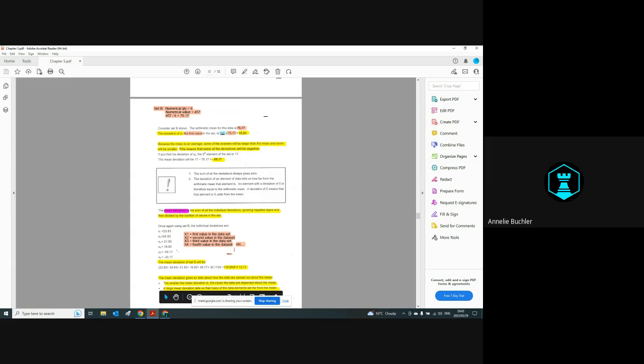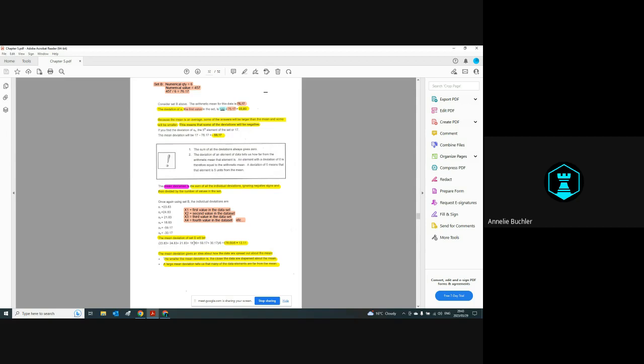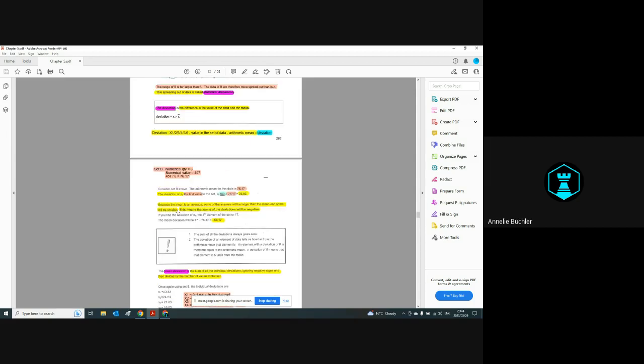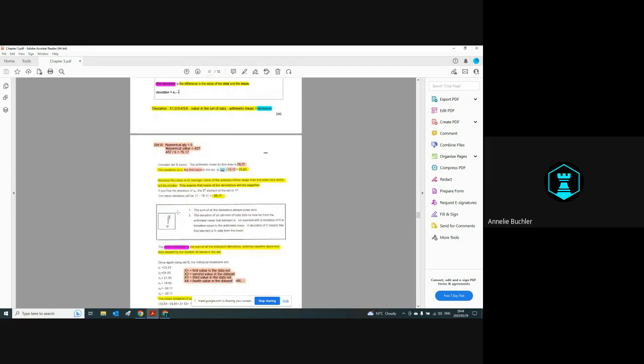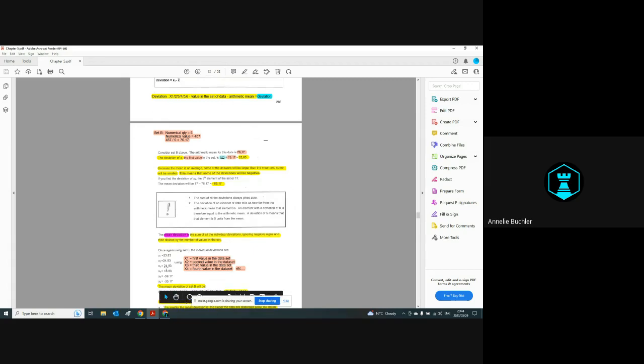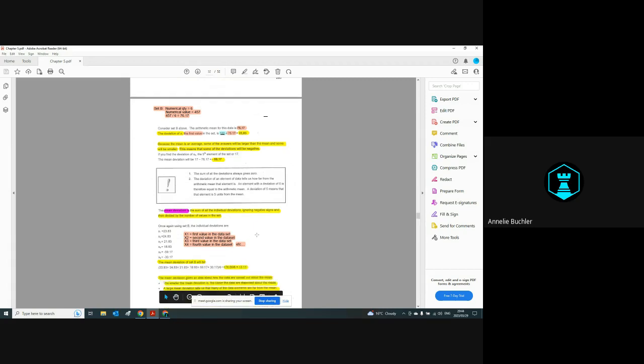Now if we look at the mean deviation, this is what they did. 1, 2, 3, 4, 5, 6.